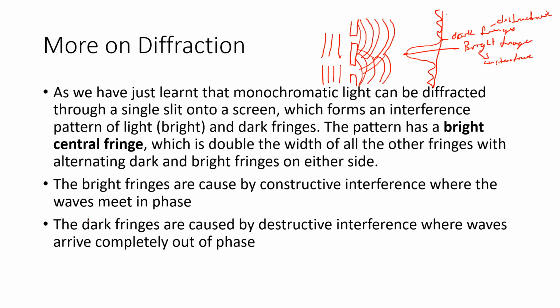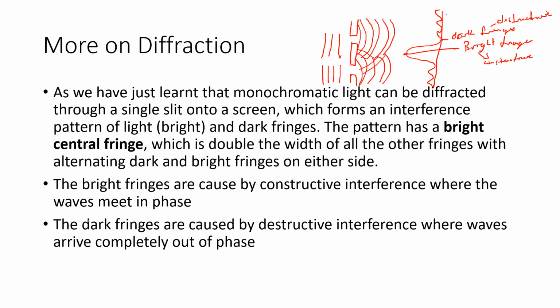We can do that by using an experiment we call Young's double slit. You'll watch another lesson on that, which will explain it a little more. But essentially, in order for diffraction to occur, we know that there has to be a gap, and that gap has to be at a certain width so that diffraction patterns can be found.